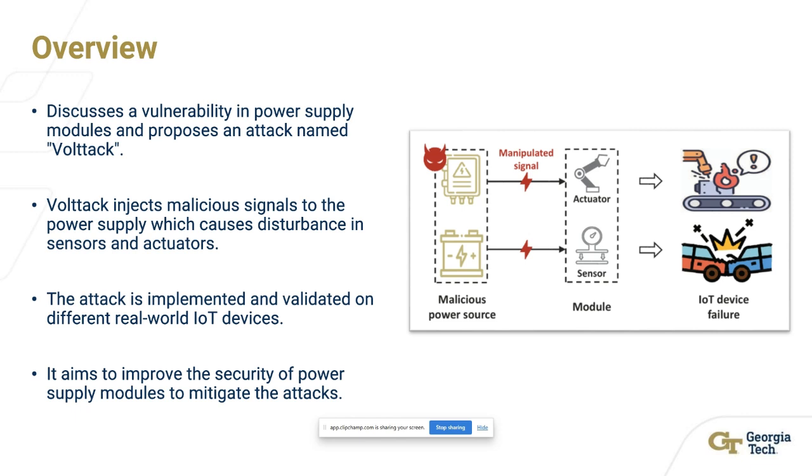Understanding Volttack is crucial because IoT devices are widely used in critical infrastructure, including medical devices, smart homes, industrial control systems, and autonomous vehicles. So, this paper aims to improve the security of power supply modules to mitigate these attacks.